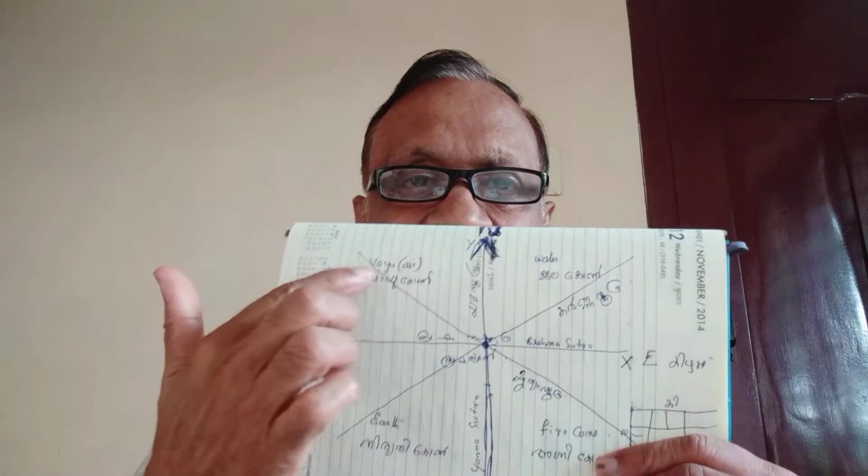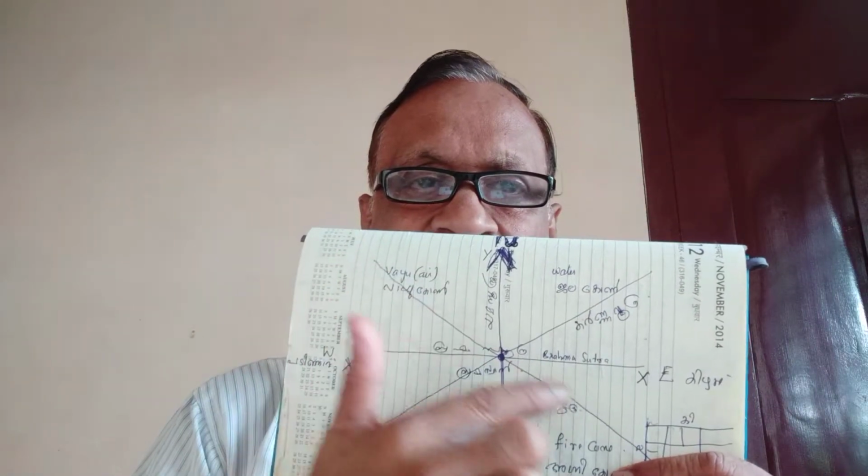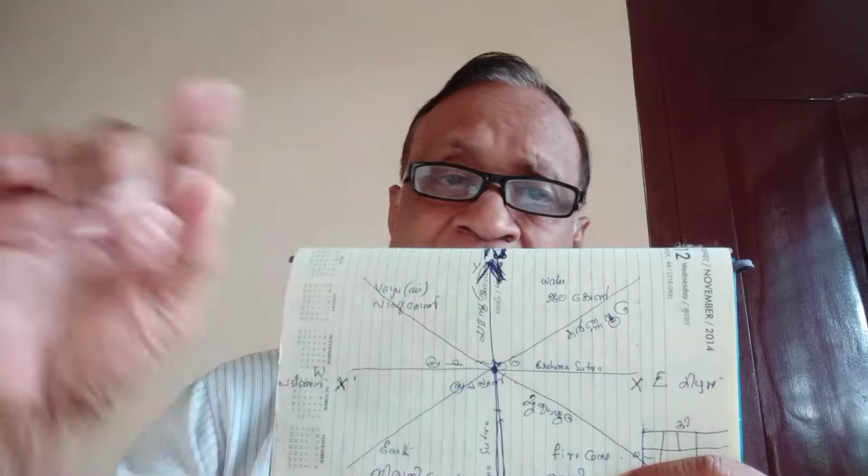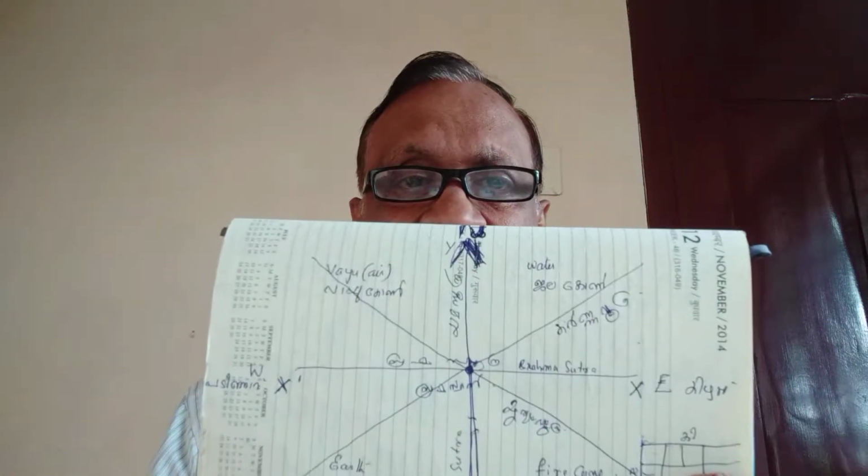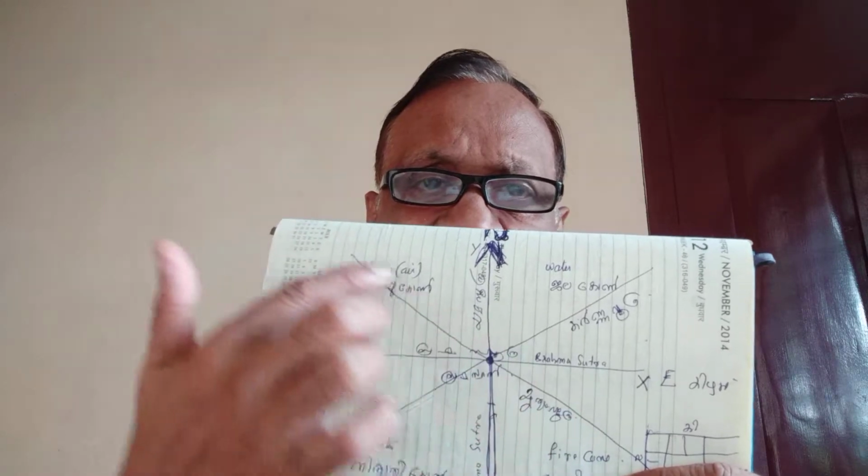Then there is another diagonal, this one. They also want to give it another name. But in modern maths we call it diagonal, two diagonals. So their name is Mrityu Sutra. Why do they call it Mrityu Sutra?